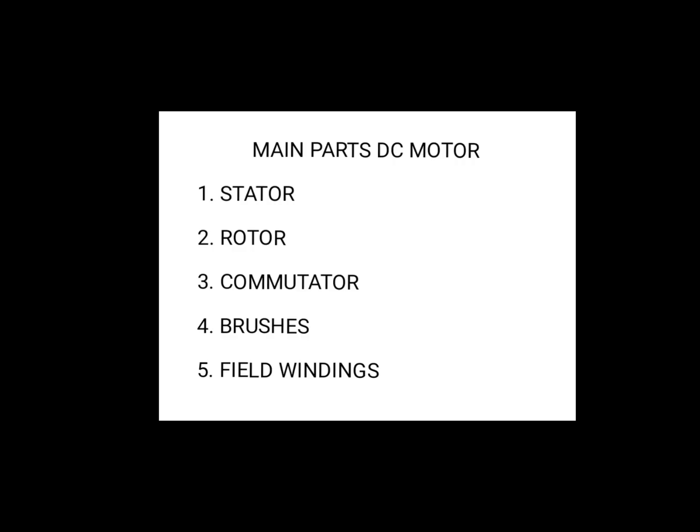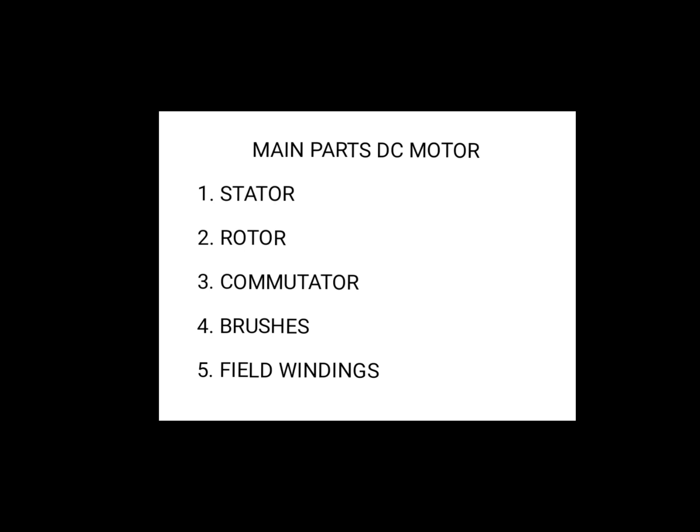Main parts of a DC motor. 1. Stator. The stationary part of the motor that produces the magnetic field. 2. Rotor, or armature. The rotating part where electric current flows and mechanical motion is produced. 3. Commutator. A mechanical switch that changes the direction of current in the armature windings. 4.